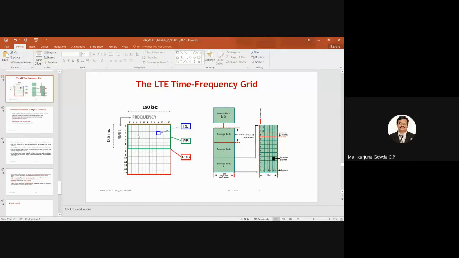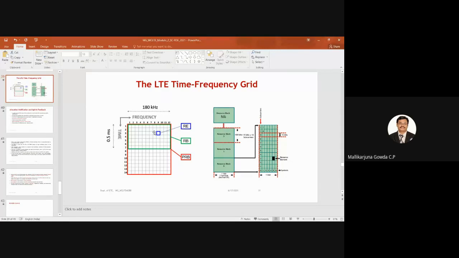So what I said is in LTE, mobile units are allocated groups of subcarriers over time and frequency. That is known as the resource block. The size of this resource block will be chosen such that the trade-off between granularity and overhead is met.